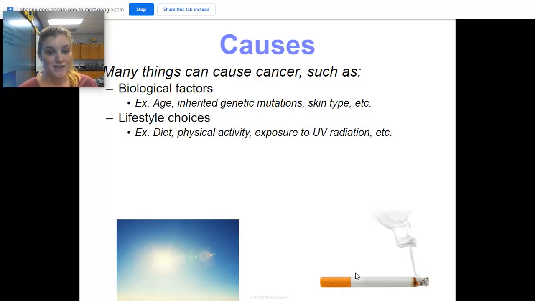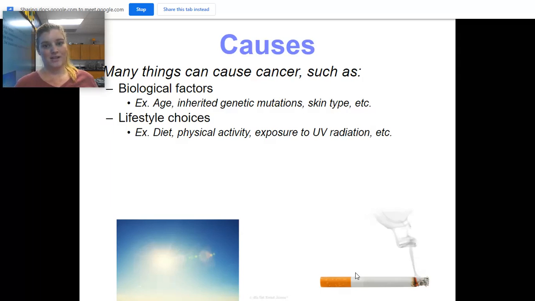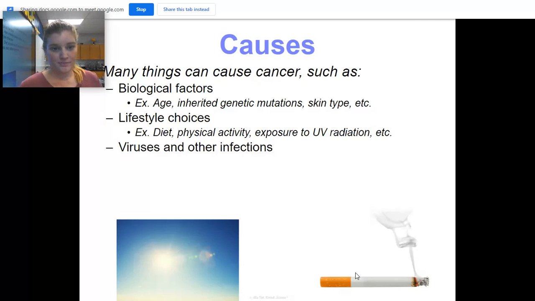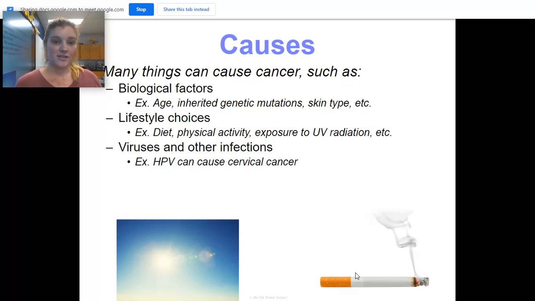Your lifestyle choices. So the different diets that you have, what you're eating, and how it's helping to maintain healthy cells. Physical activity, making sure, again, your body is healthy enough to keep the energy for the cells to know when they need to stop regulating. And then exposure to UV radiation, which is either the sun or tanning beds and that sort of thing. We also have viruses and other infections that can cause cancer.